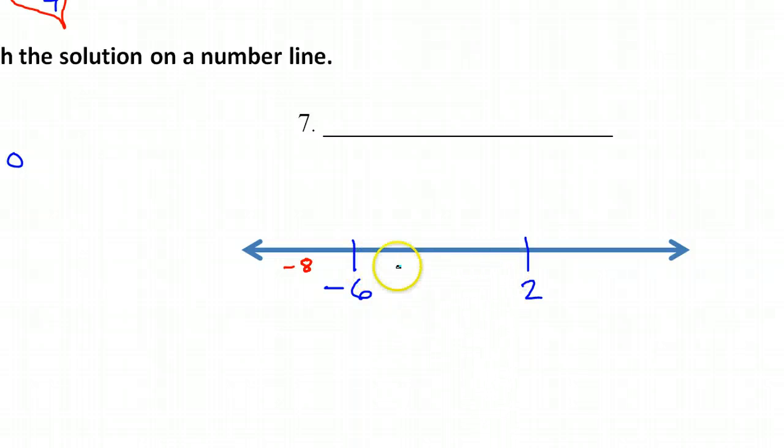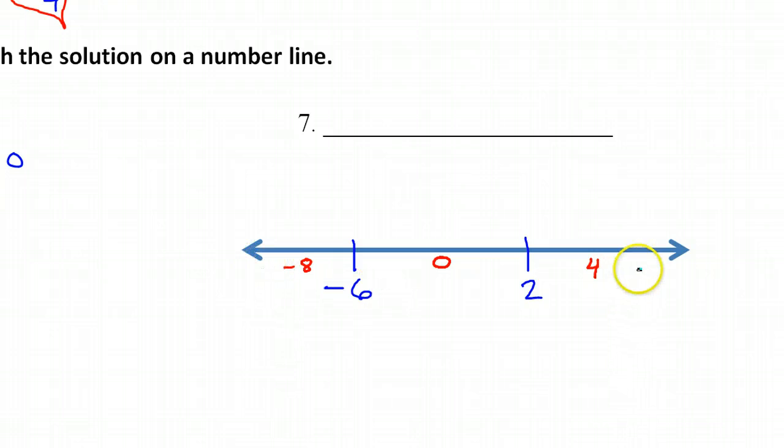Now in here, I love to pick 0 for a test value because it makes the calculations easier. And 0 is definitely between negative 6 and positive 2. Now over here, I could pick 3 or 4 or 5, anything, I could pick 100. But I'm going to pick 4.